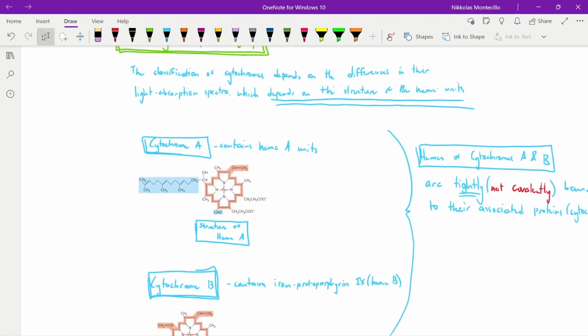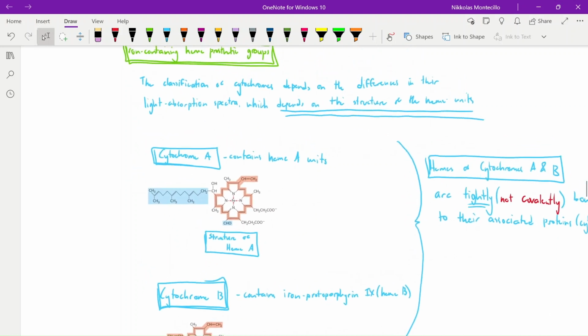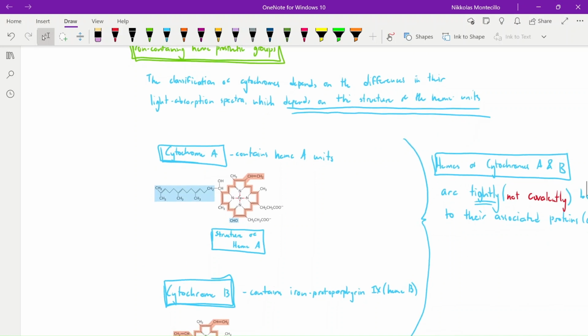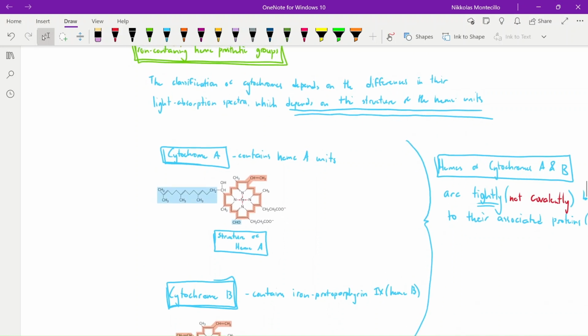Cytochrome B contains an iron protoporphyrin IX, heme B. So we can see here that there's a slight difference between the two structures.